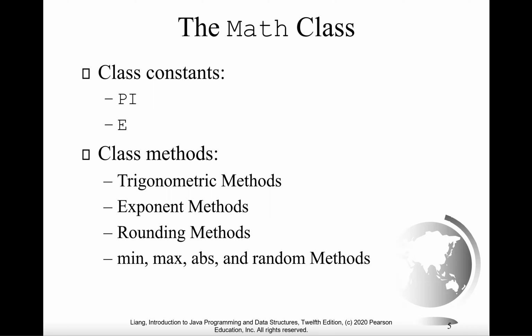The features in the Math class can be classified into the constants. This is the pi. You can use Math.PI to get the constant for pi, and Math.E to get the constant for e.